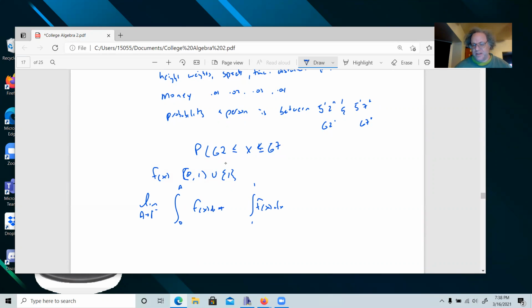Right, we'd have to add these together. What's the integral from 1 to 1? It's 0. Okay, so this limit as a approaches 1 really might as well be 1. Unless there's something weird going on here, right? If there was a problem, we would have to exclude it and take the limit as x goes to it.